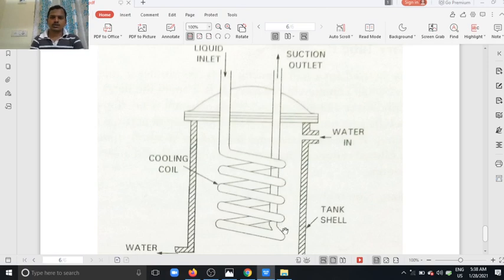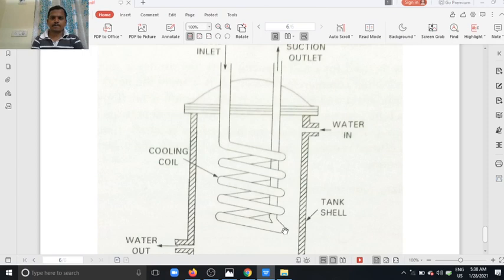The liquid at low temperature enters into the coil and absorbs the heat from the water. The refrigerant changes its phase from liquid refrigerant to vapor refrigerant.